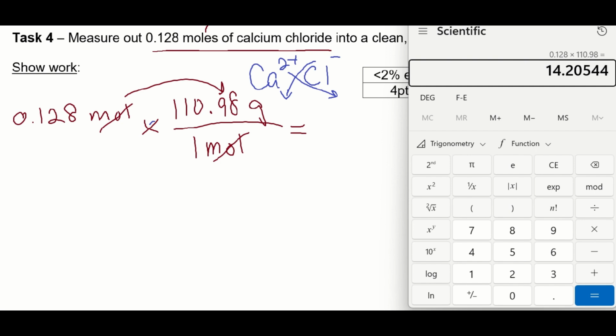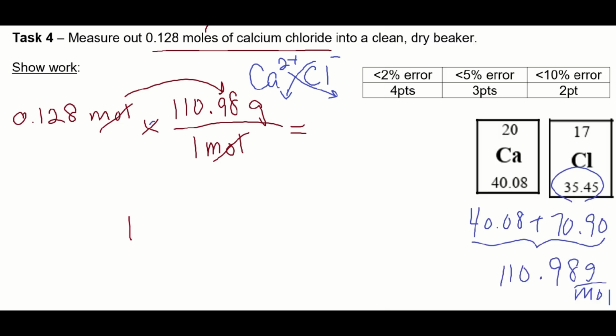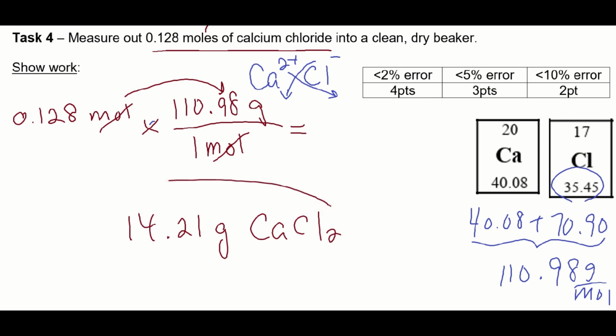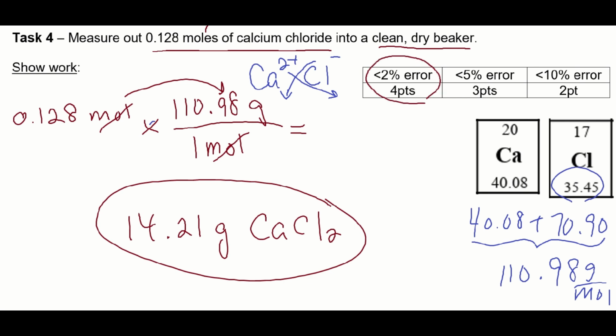And 14.21 grams of calcium chloride is what I had to measure out, put into a clean, dry beaker, and give that to my teacher. And if that was less than 2% error, I got myself another 4 points. I'm not gonna record myself measuring 14.21 grams of this salt because I think you know how to do that.